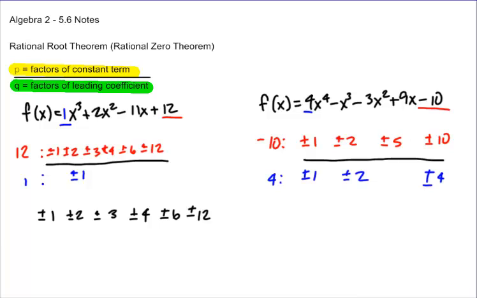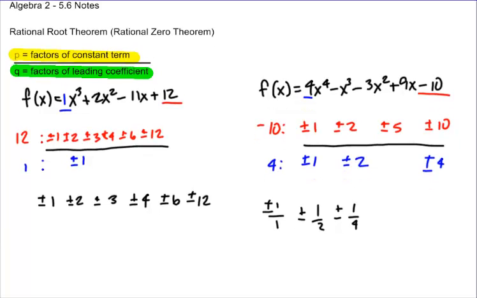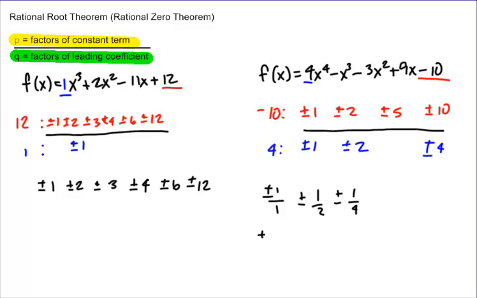Alright, so when we look at all these guys, we're going to have plus or minus 1 over 1, plus or minus 1 over 2, plus or minus 1 over 4. And that's doing your ones. Then we're going to have plus or minus 2 over 1, plus or minus 2 over 2, and plus or minus 2 over 4.